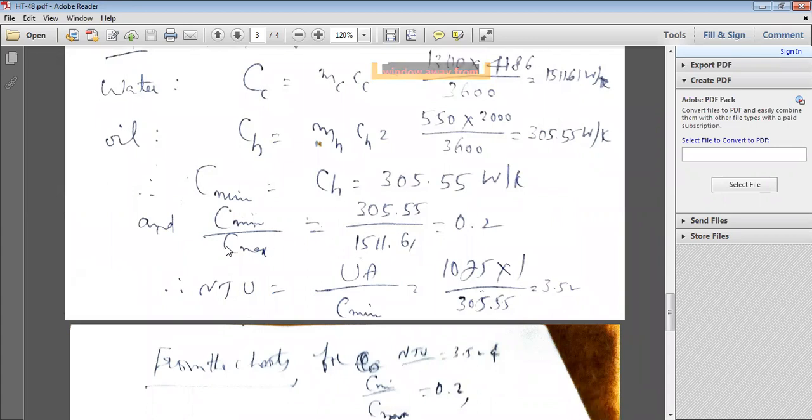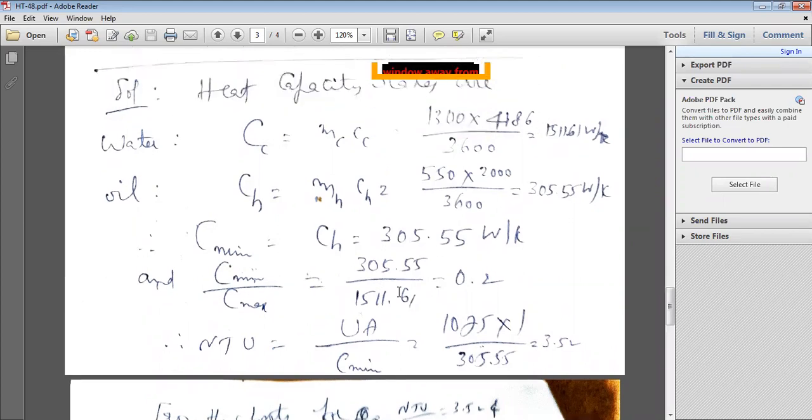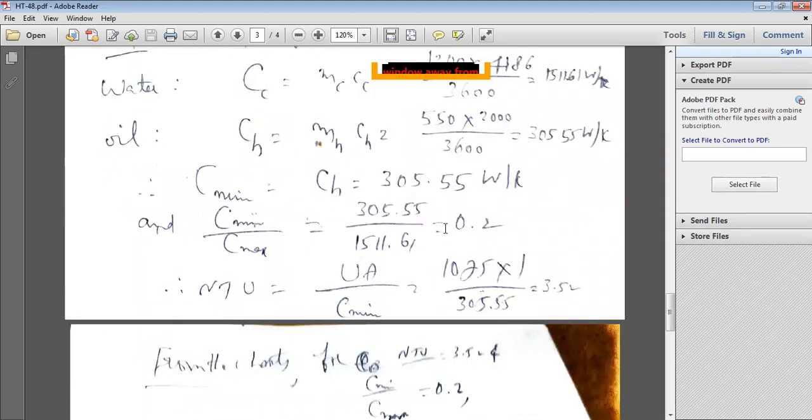Here also you can calculate C min by C max: 305.55 divided by C max, the maximum value, 1511.61. C min by C max is 0.2.